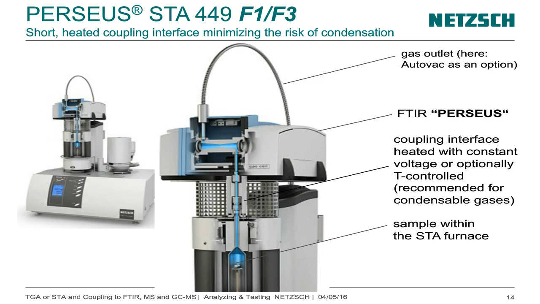It's heated, you can heat it controlled or uncontrolled, and the measuring cell is also controlled, and then the outlet goes to the waste or to an evacuation system if you want to evacuate and refill the system in the beginning so that you have the best gas atmospheres. This is our so-called PERSEUS coupling.